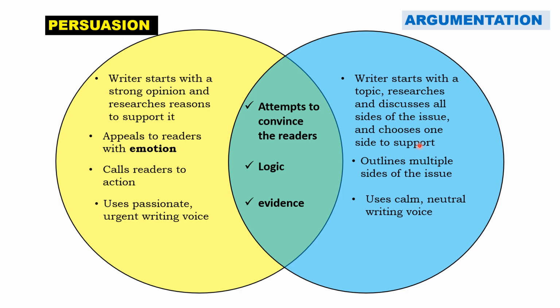So, sa argumentation, present diri ang both sides of the issue. Gi-present ang pros and cons sa issue before siya ni saysay sa iyahang side nga gipili. Therefore, ang argumentation outlines multiple sides of the issue.